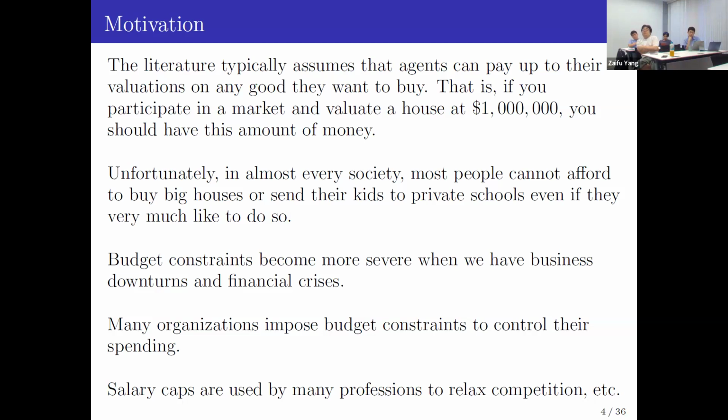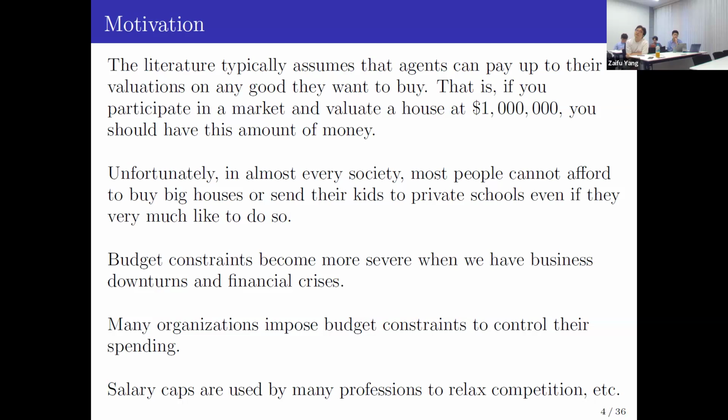So most of the time we are budget constrained. In most economic analysis, we simply assume that if you value the house at $1 million US, you should be able to pay 1 million. And that is not the case in most cases.